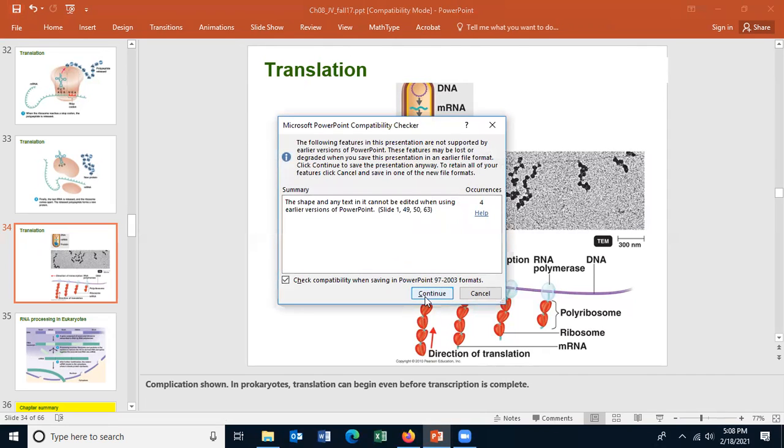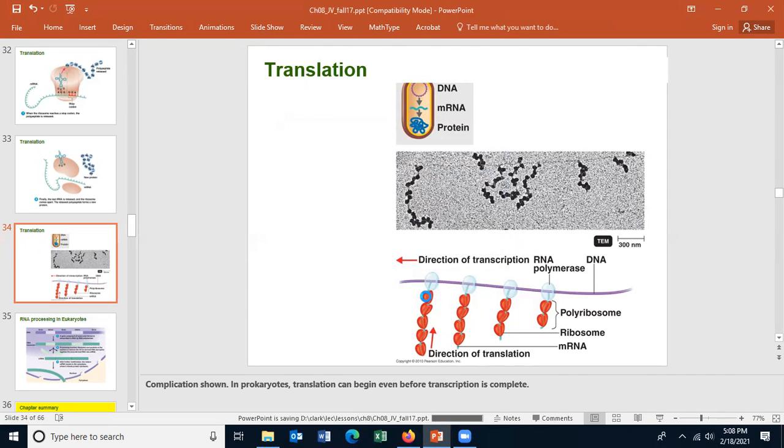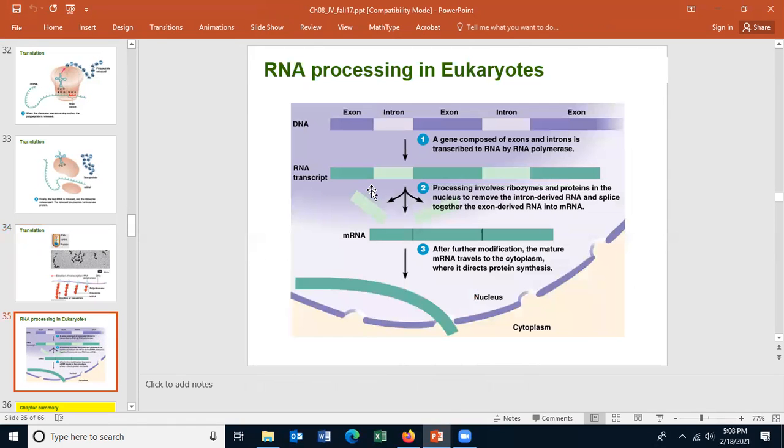There is another complication in transcription that's only a complication in eukaryotes, and that is the RNA in eukaryotes has to be processed before it can leave the nucleus. And why it has to be processed in eukaryotes, a gene right there contains exons and introns.